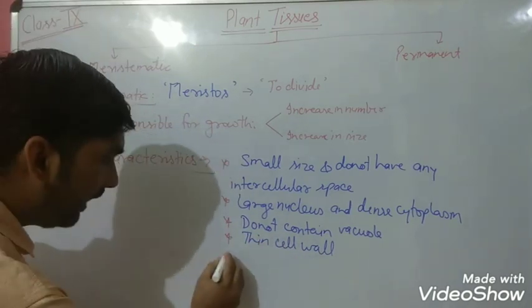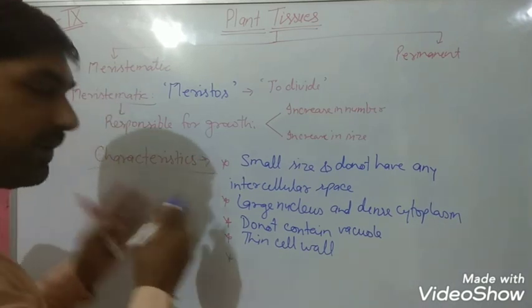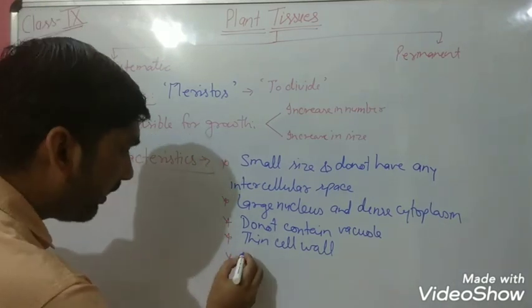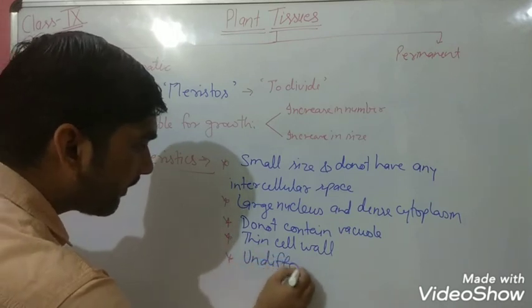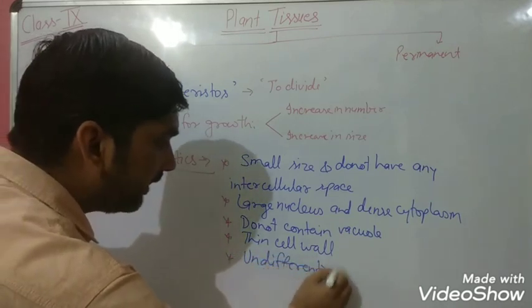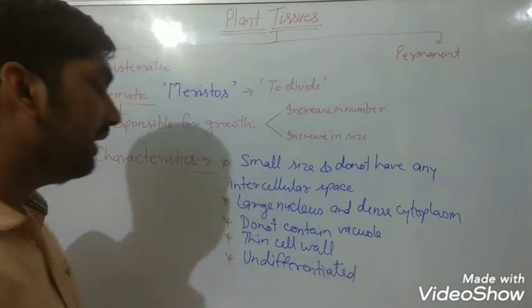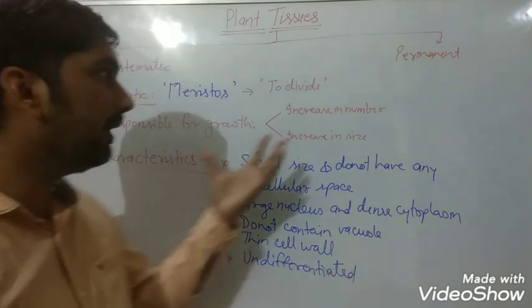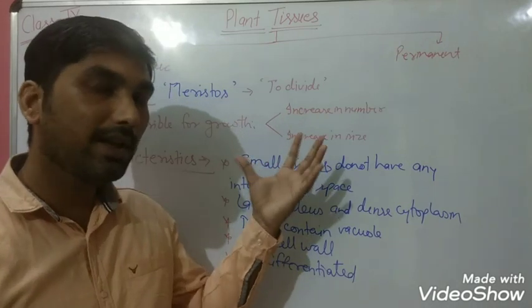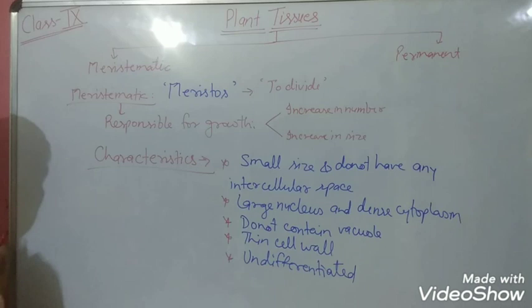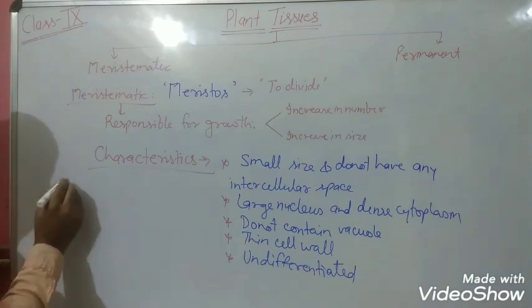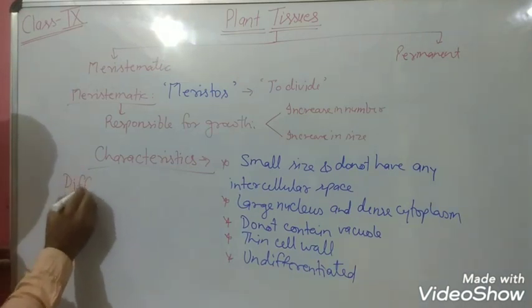And a very important feature is what? These cells are undifferentiated. Undifferentiated means, when we talk about plant tissues, there is a process known as cell differentiation. So what do we mean by this process?